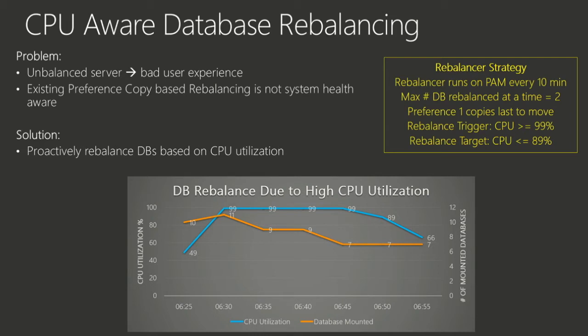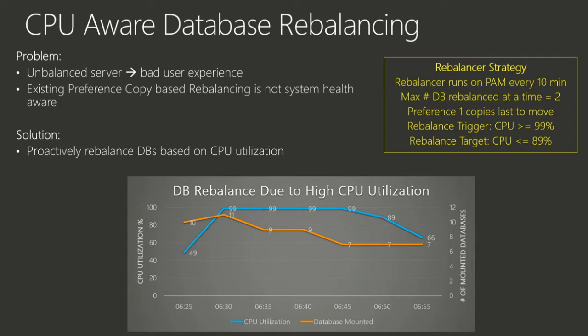We do have load balancing for migration purposes: if we see too many users or too much space on the same server or same DAG, we try to move them out. But this is not an immediate mitigation. We also have existing load balancing, but it's only based on preference copies. So we created a new database rebalancer that proactively rebalances DBs based on CPU utilization.